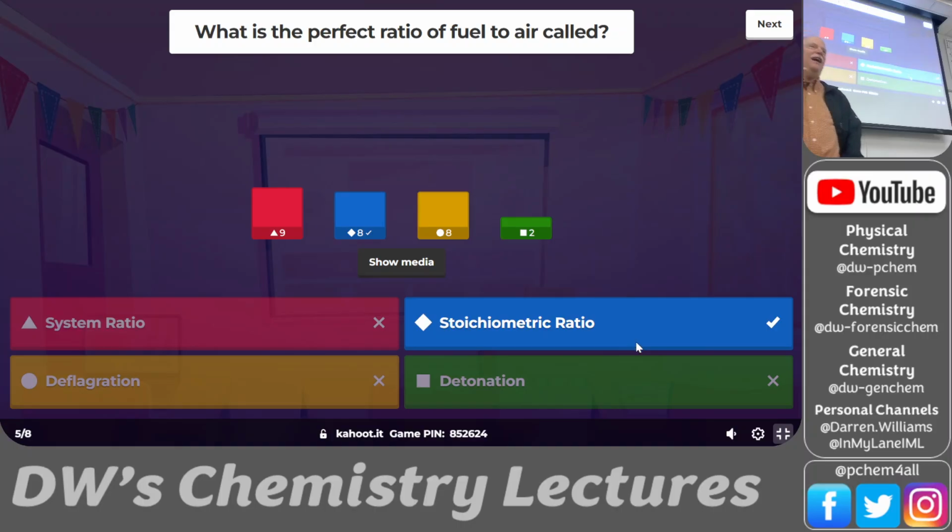That idea of stoichiometry is the balancing of the moles of this and the moles of that. So the perfect mass ratio of fuel to air is the stoichiometric ratio. If you have that, then you have an explosive situation. It may not detonate, but it would be an explosive mixture. That's what we call the danger zone, when your fuel to air mixture is at the stoichiometric ratio.